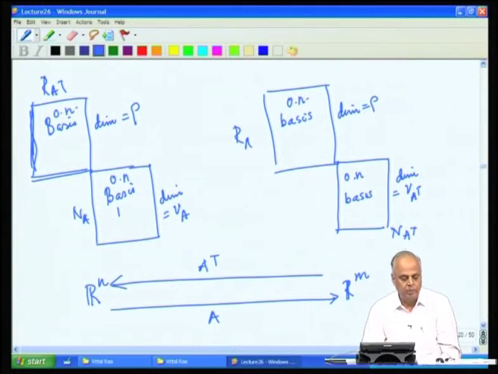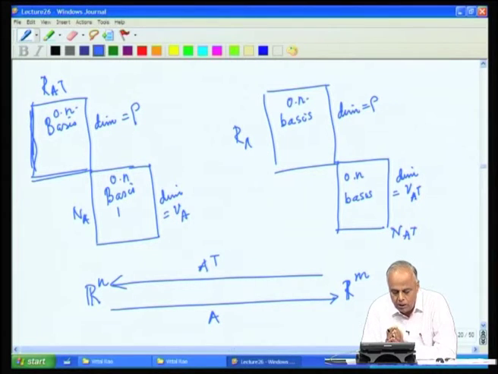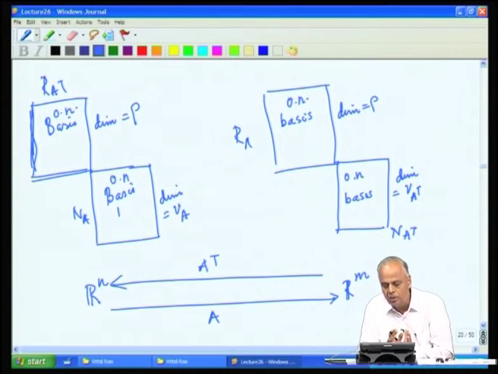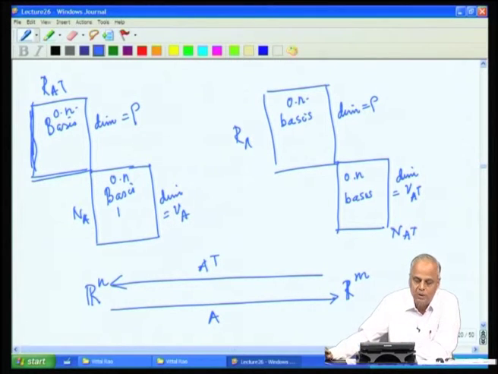So, the main analysis of the matrix will boil down to finding suitable orthonormal bases for these 4 subspaces, 2 subspaces on the R n side and 2 subspaces on the R m side, and it is this analysis of finding a suitable orthonormal basis which will occupy our attention for almost the rest of the course.